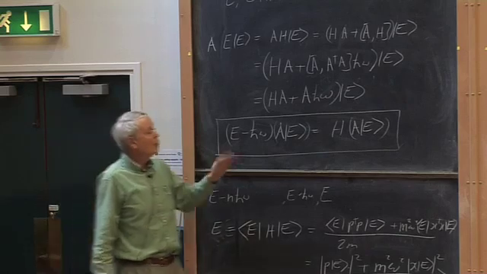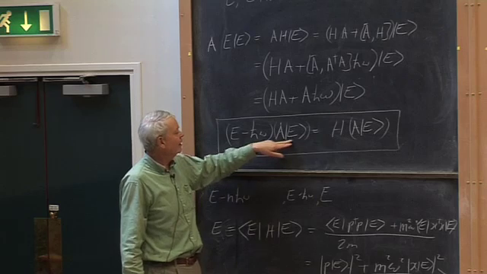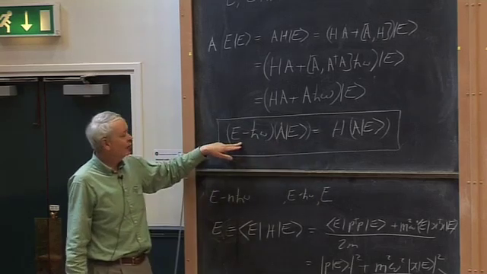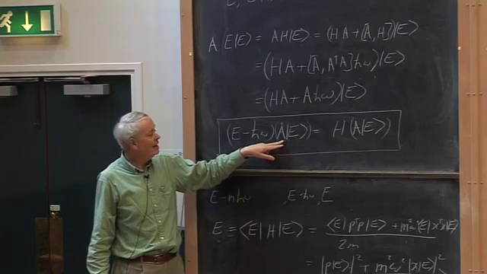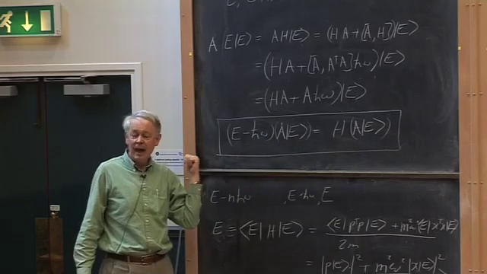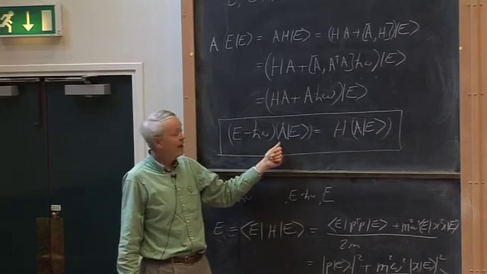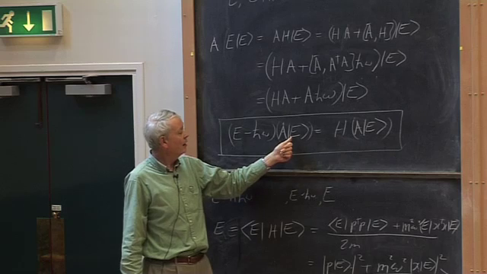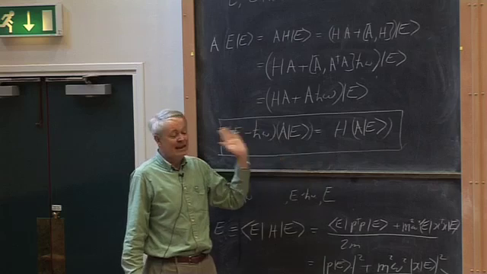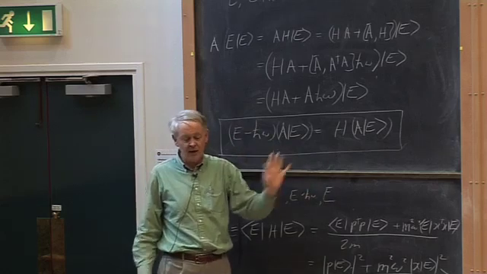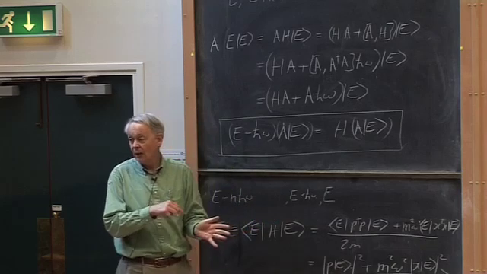It establishes that this thing is an eigenfunction with this lower energy, provided this thing is non-zero. But if, at any stage in this chain of applying A's, this thing here would vanish. So if, when you get to a certain lowest energy E, you apply A and it simply kills it, it produces a ket of no length at all, then we won't have a state of even lower energy.